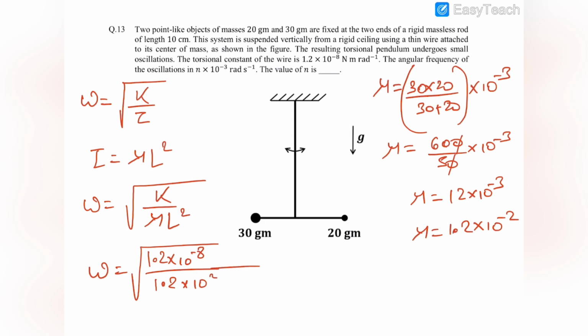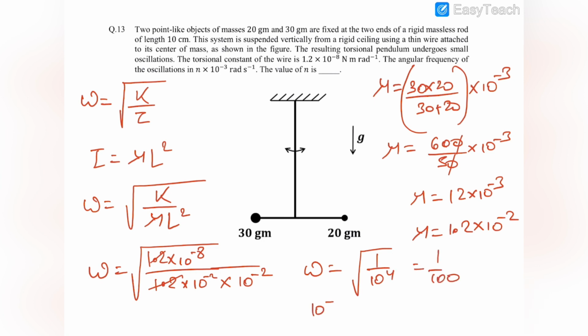This is mu, and L of the rod is 10 centimeter, which is 10 raised to power minus 2, because it is squared. So you can see that omega would be under root of 1 upon 10 to the power 4, and this is 1 upon 100.